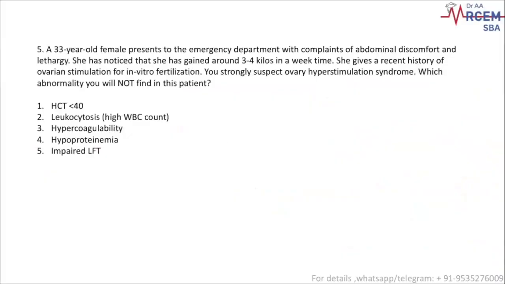A 33 years old female presents to the ED with complaints of abdominal discomfort and lethargy. Recently, she has undergone ovarian stimulation. Whenever they say recently IVF or ovarian stimulation, think of ovarian hyperstimulation syndrome, OHSS. Always think of this, very commonly can be tested in the exam. They're asking which one of the abnormalities cannot be found in this patient.